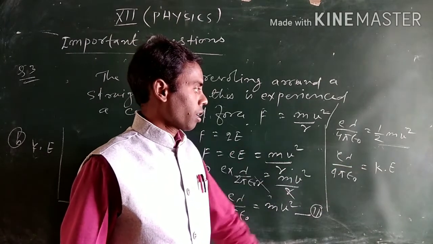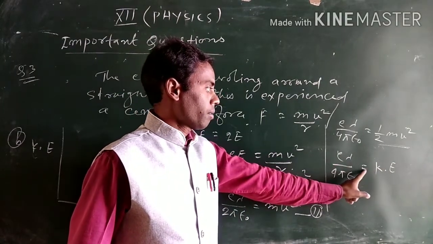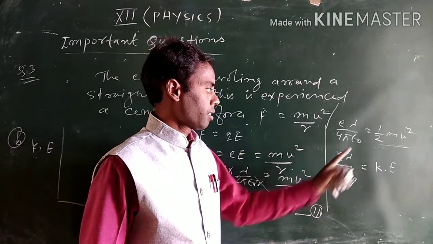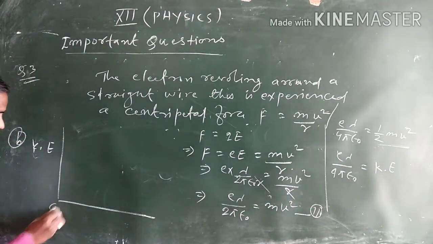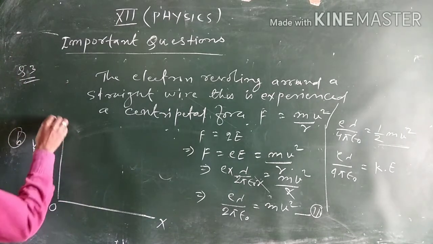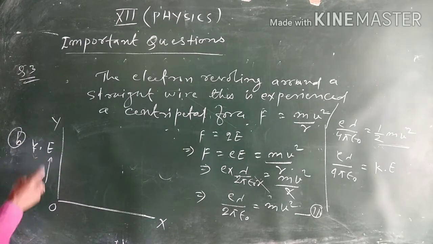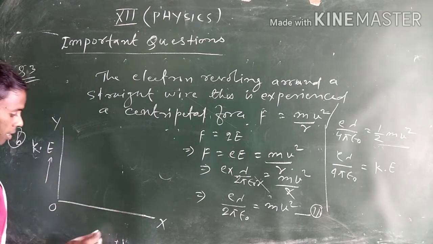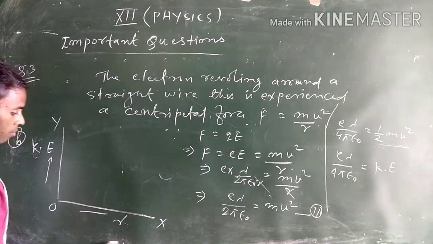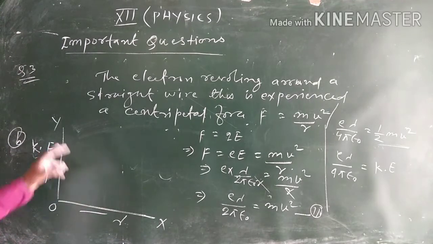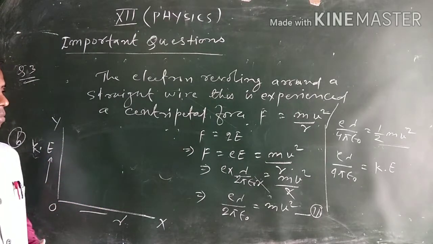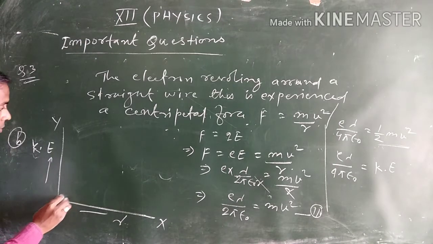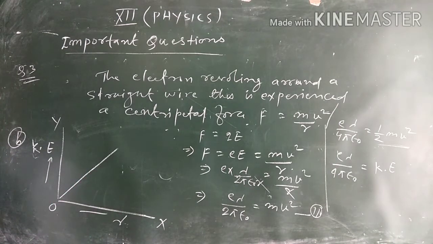Suppose this is kinetic energy. From this equation, we see that kinetic energy is directly proportional to charge density lambda. This is the x-axis, then the y-axis. Along the y-axis we take the kinetic energy, along the x-axis the charge density lambda. Because the relationship between kinetic energy and lambda is directly proportional, its graph will be a straight line. As we increase the charge density, the kinetic energy increases. This was the question number 3.